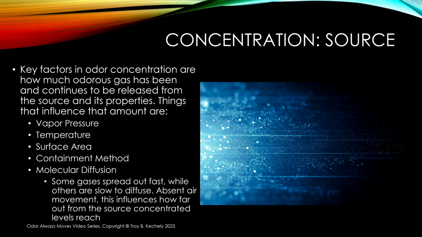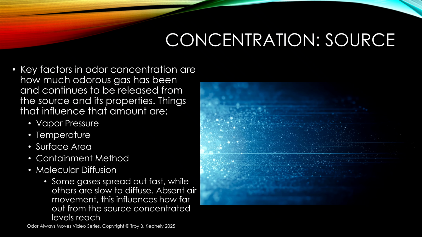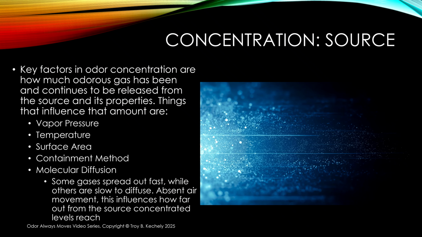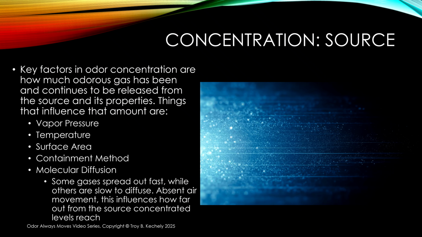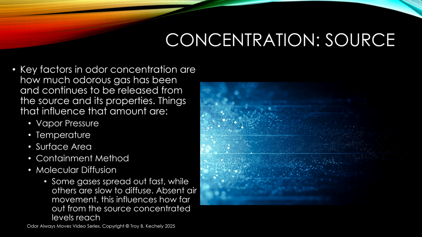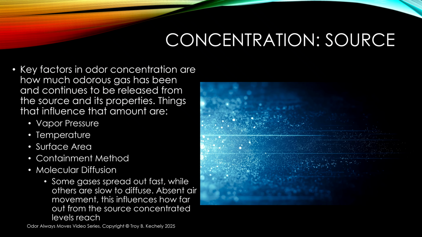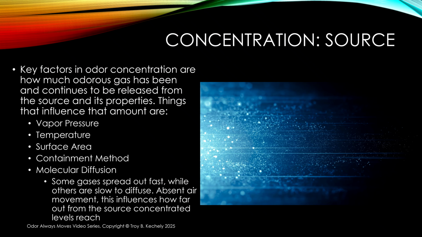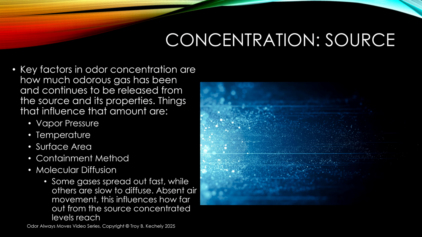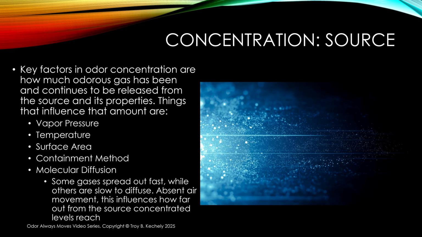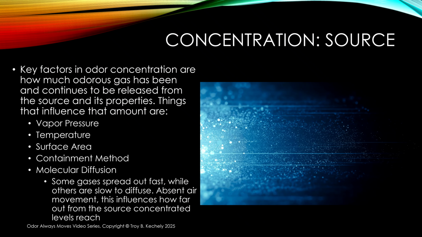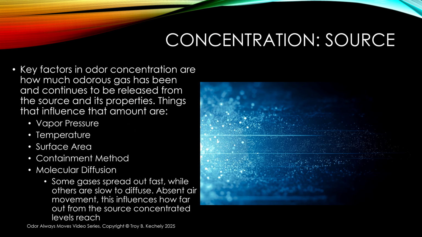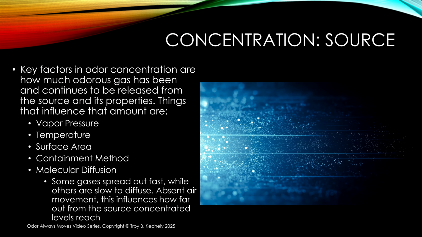And then the last thing, which is kind of getting into the environment side, but we're still going to put it on the source, is molecular diffusion. So we understand that these gas molecules are bouncing off one another. Whether or not the air is moving, the molecules are moving, bouncing off each other, off the air molecules, off the objects, and because of that, they spread out naturally.